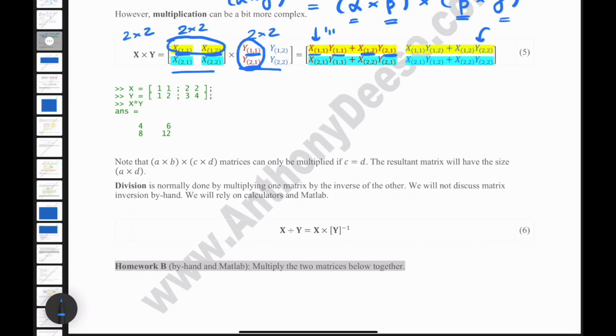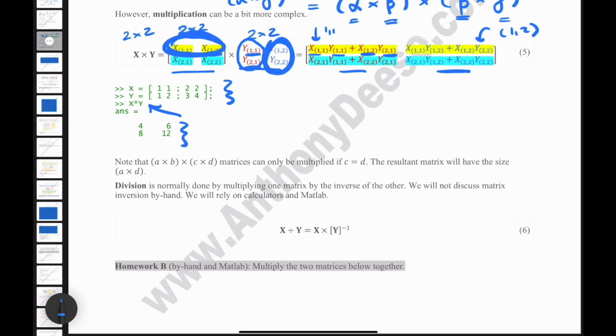For this element right here, which would be the resultant 1, 2, first row, second column, that's going to be the same row, but now we multiply it by the blue column, and on and on. The way that we do this in MATLAB is relatively straightforward. All you have to do is create the matrices and then multiply.